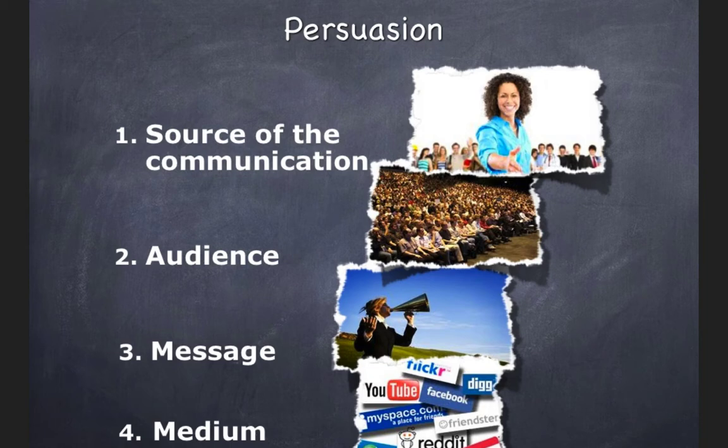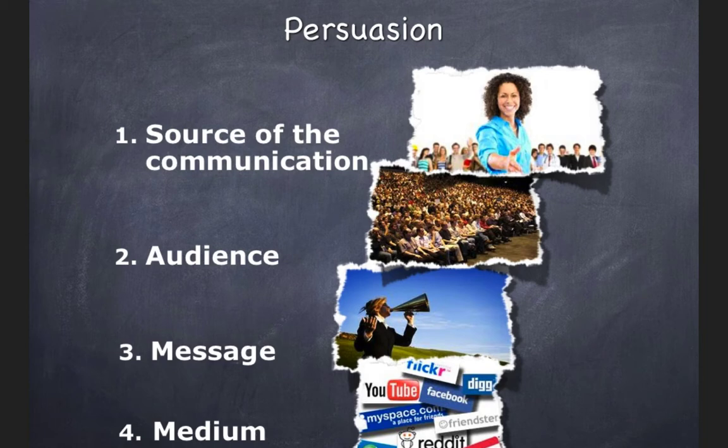The third point is that of being the message, the what is being said part. And so what's being said can influence the persuasion. If it's strong, positive, and aligned with attitudes I already have, I might be more easily persuaded by the message.